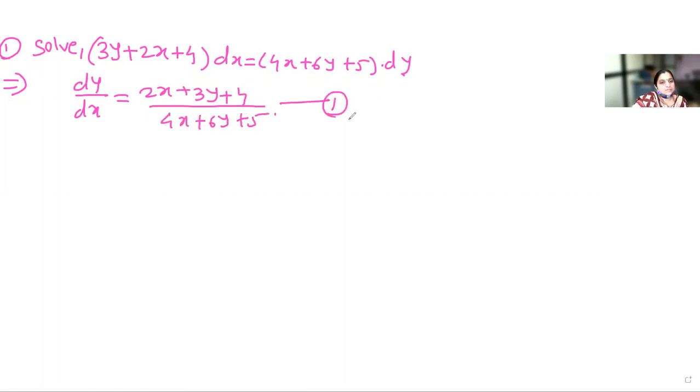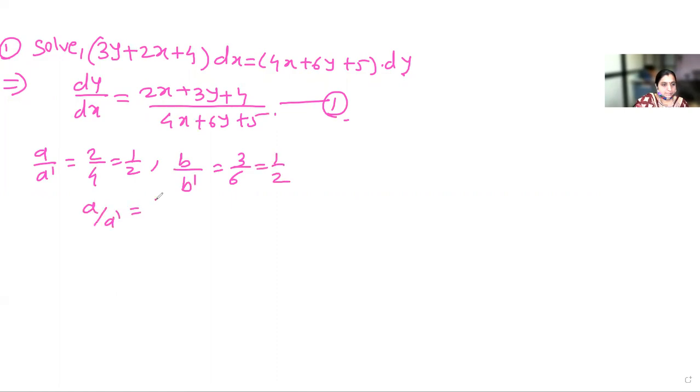Now you can see here there was 3y here, and earlier we had taken x. So it is converted into the first form. Now here see, what is the ratio a upon a dash? 2/4, that means 1/2, and b upon b dash becomes 3/6, that means 1/2. Now what do the ratios come out as? They come out the same, b upon b dash as well. Okay, so here the ratios are the same, so we use the second method.